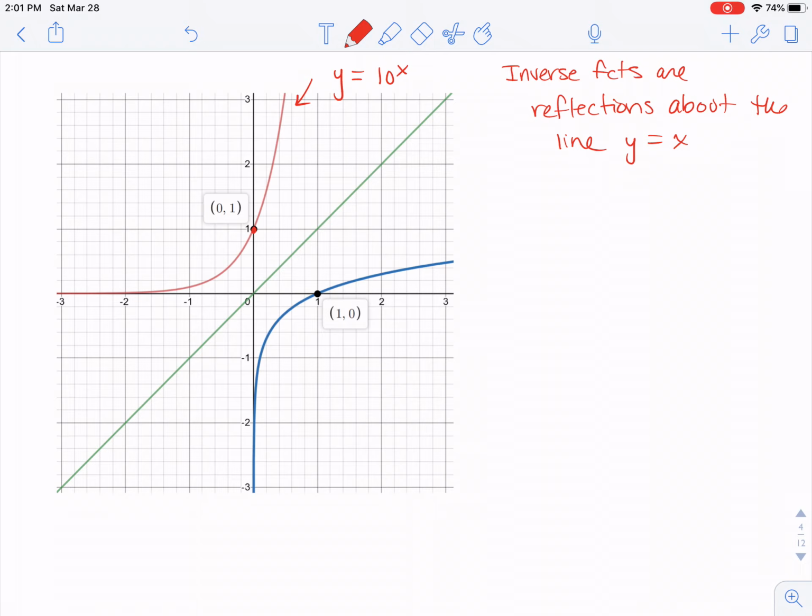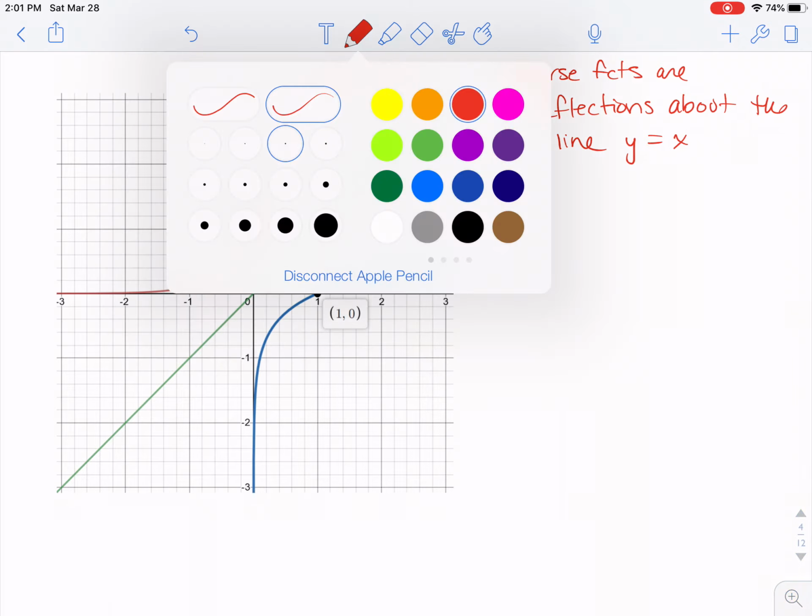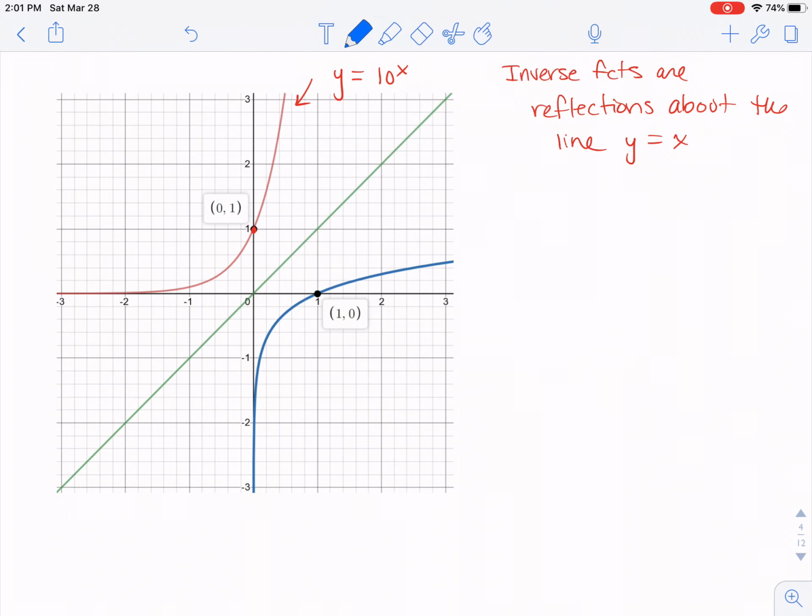So the red graph is the equation y is equal to 10 to the x. The blue graph, that's what I'm getting to, the blue graph is the log of x base 10 is equal to y.